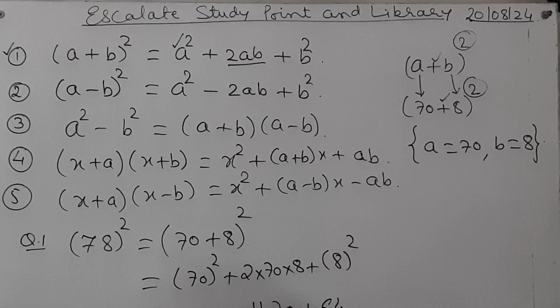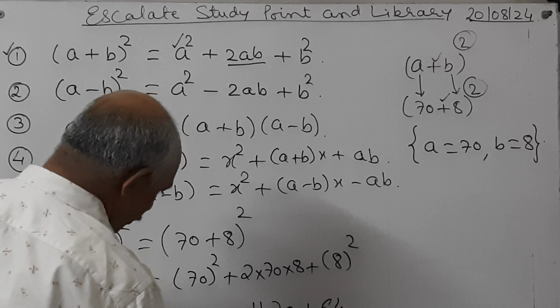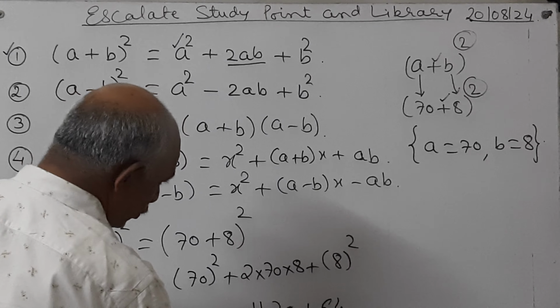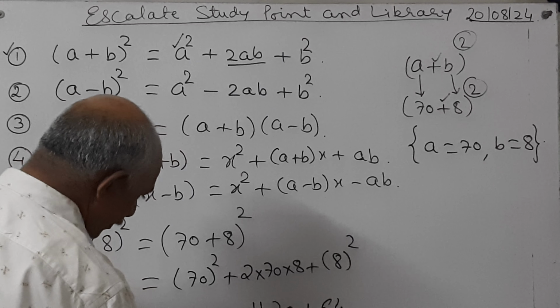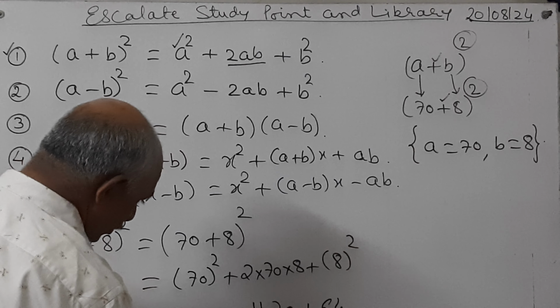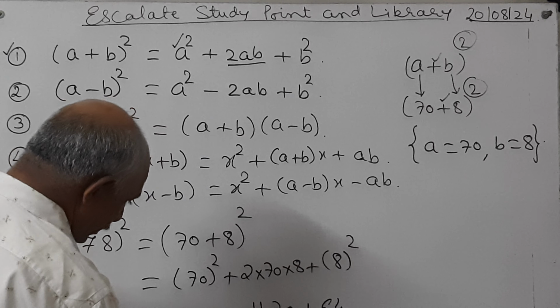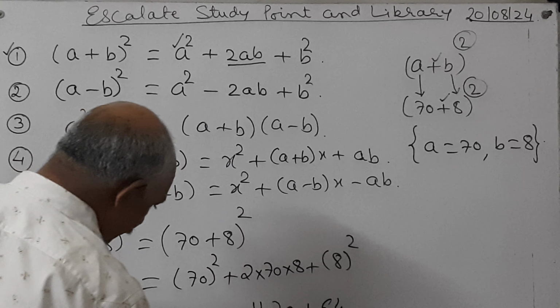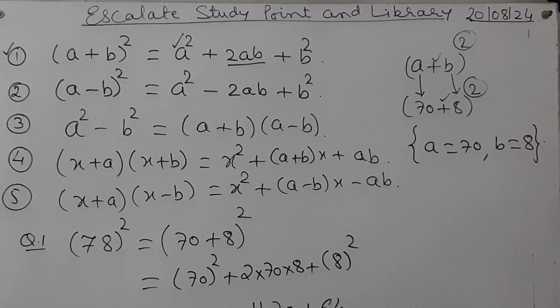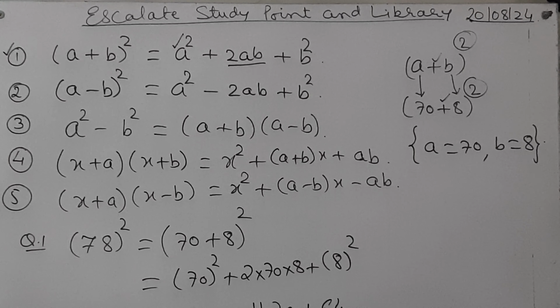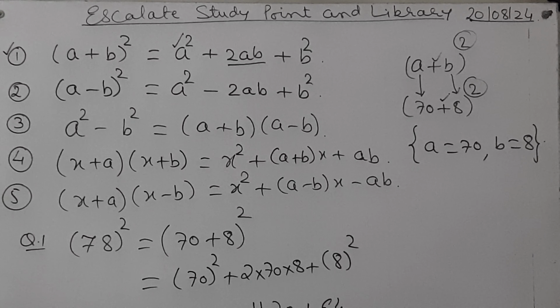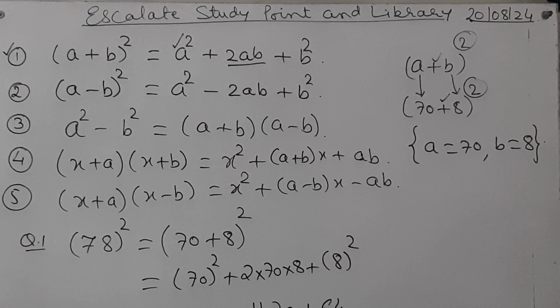Adding all, 0 plus 0 plus 4 is 4, 0 plus 2 plus 6 is 8, 9 plus 1 is 10, 0 carry 1, 4 plus 1 is 5, 1 is 6, so 6084. So square of 78 is 6084. We can verify it by multiplying 78 into 78. It will come out to be 6084.